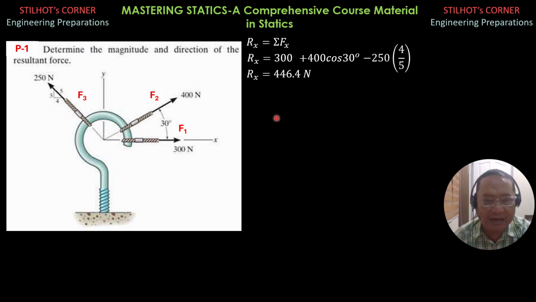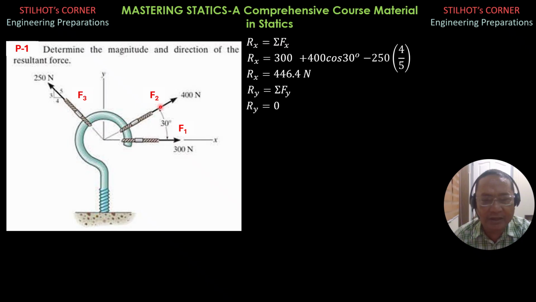Then for Ry, summation forces y. This force 300 newtons, the y component is 0. You may write it as 300 sine of 0, or it is obvious that it is horizontal, so there's no vertical component. So Ry is 0.